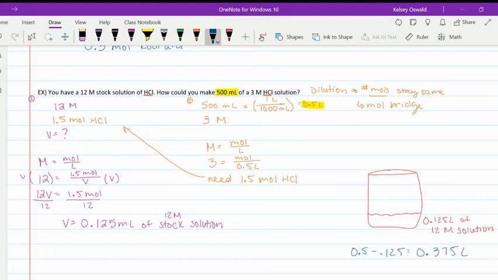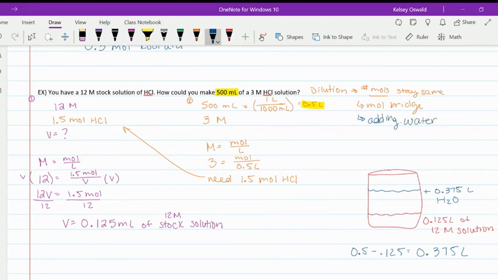So the volume that we're missing is going to be the water that we're going to add. Because remember, it's a dilution. And when we have a dilution, we make it less concentrated by adding water.